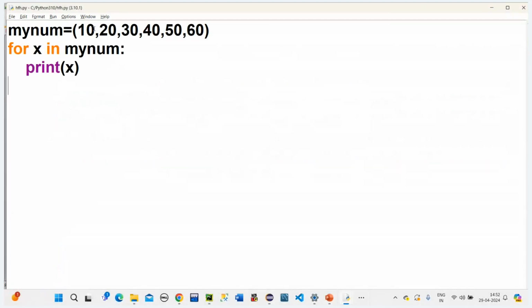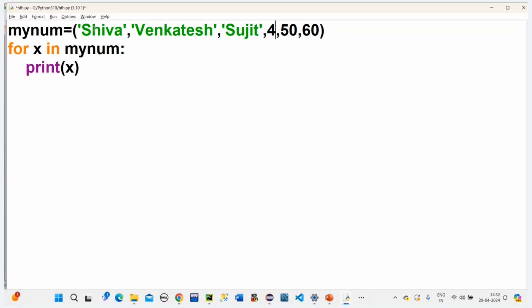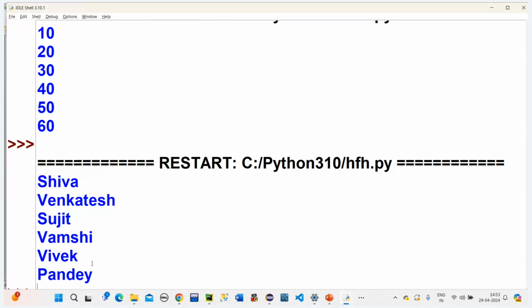So it is not only this, we can write anything. For example, I have written names: Shiva, Venkatesh, Sujit, Vamshi, and then my name, Pandey. Now all the names we are able to print, right?